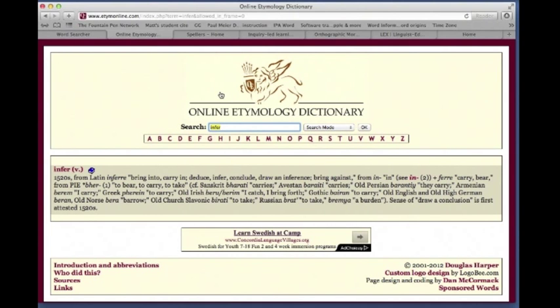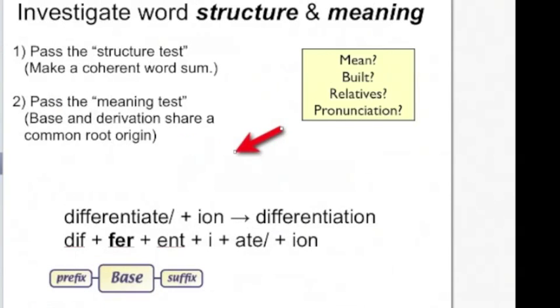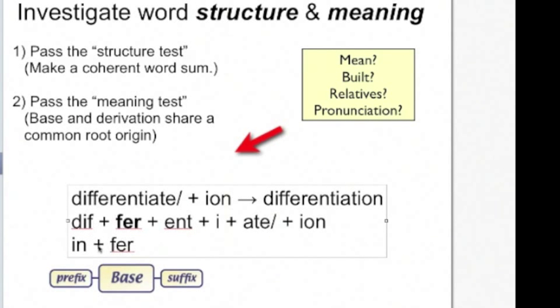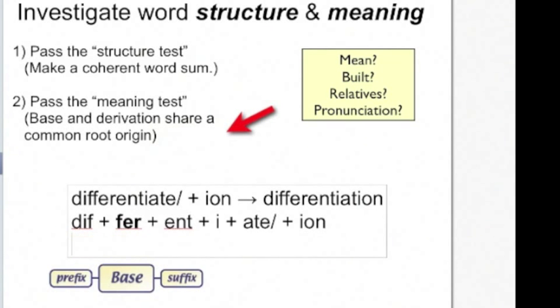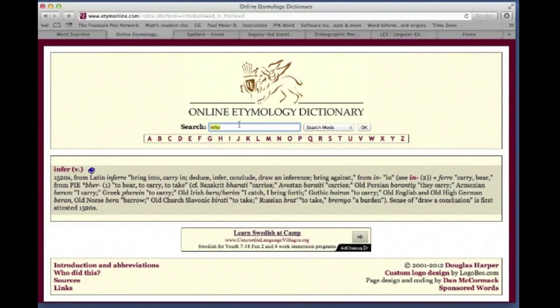So if I come back here, if I can make the word infer, we can show that differ isn't a base, because we can replace a prefix here with another and make a word that's related with the same root origin. So that was a very important discovery, and these are the kind of things you just find when you go on Etymonline.